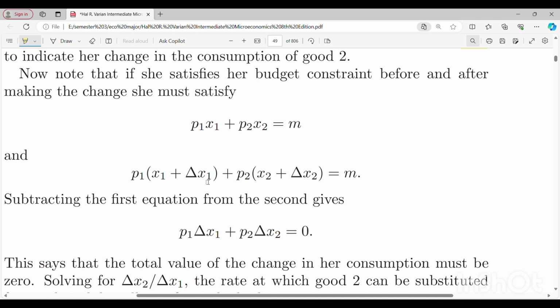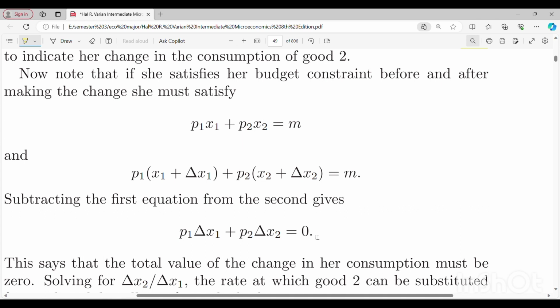So it is P1 times X1 plus delta X1, plus P2 times X2 plus delta X2. For the time being, we represented the change in good 2 as delta X2. So here comes the second equation, and we subtract the first equation from this. We get P1 delta X1 plus P2 delta X2 is equal to 0.